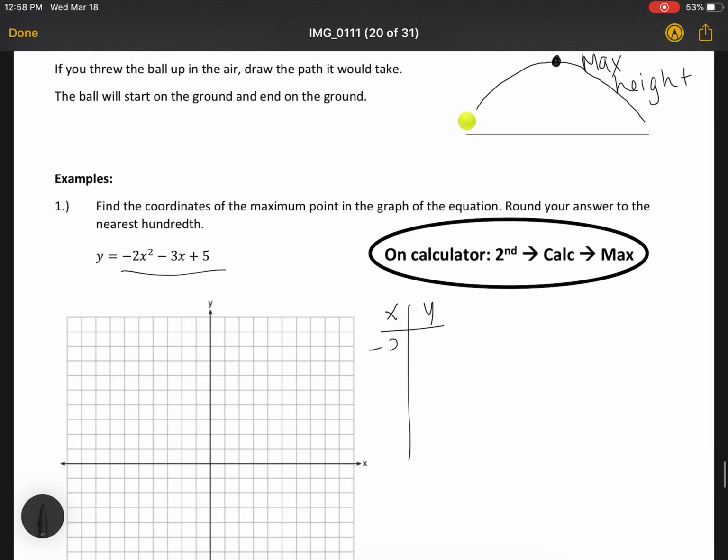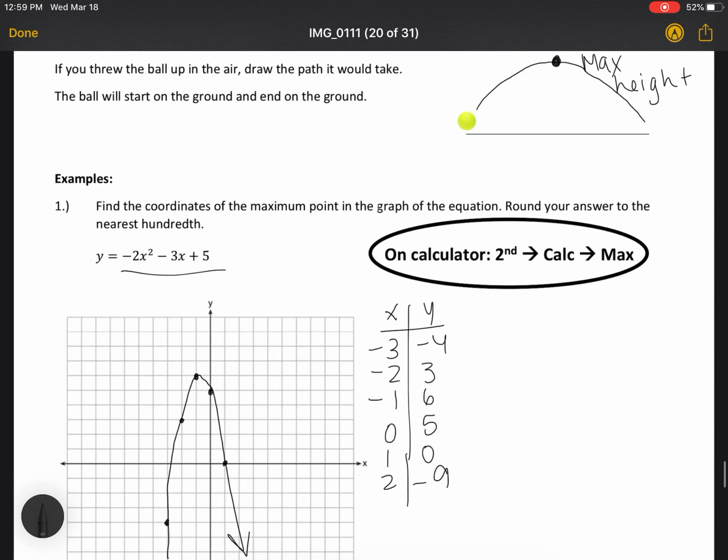I'm going to copy that down now, and plot those points. It looks like I'm not going to be able to fit that last point, -9, but that's okay. It's going to look something like this.